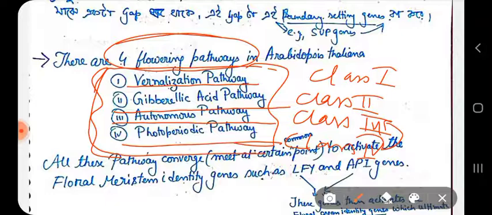Now, all of these pathways that I have mentioned here, the vernalization pathway, gibberellic acid pathway, autonomous pathway, and photoperiodic pathway, are linked with one another, and they merge at a particular point, which will activate the floral meristem identity genes, which are LFY, the Leafy, and Apetala 1, which further induce the boundary setting genes to regulate the expression of the floral organ identity genes.